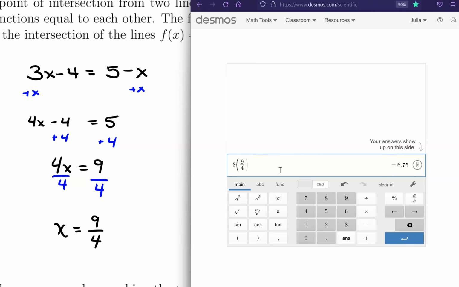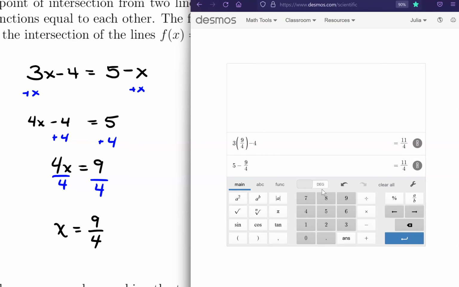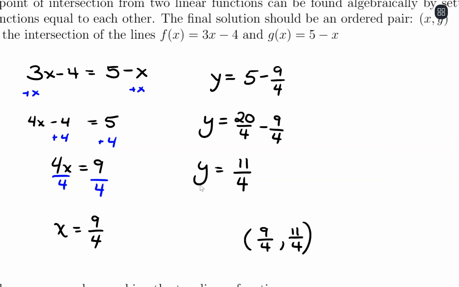It's giving me a 2.75. If I just use that convert to fraction button, there's that 11/4. Fantastic. And then we already found it, but 5 minus 9/4, that same 2.75 or 11/4. So these balance out. So this is our solution.